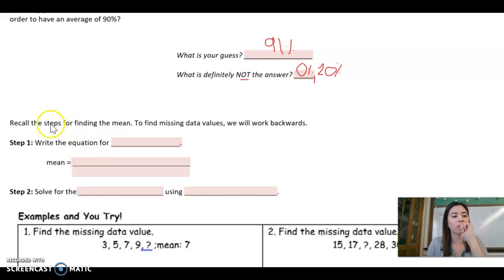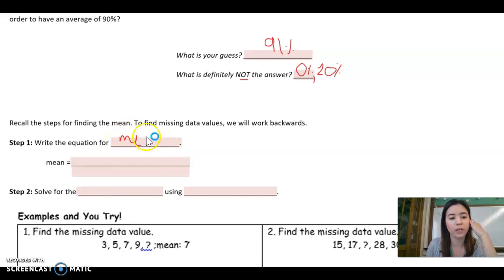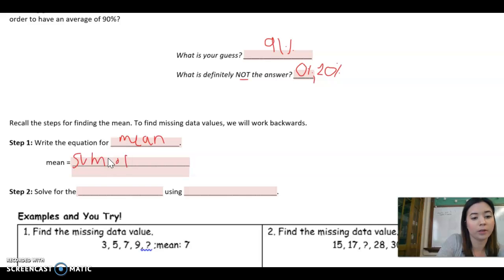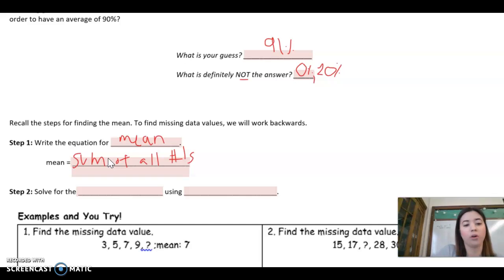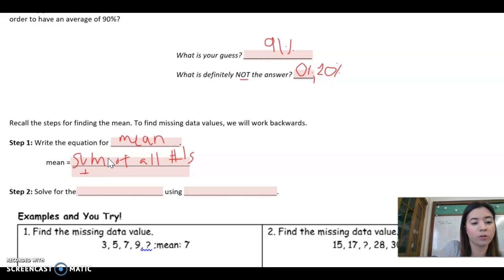Okay. So recall the steps for finding the mean, and we're going to just use it backwards. So write the equation for mean or average, and remember that that is the sum of all numbers over our total.